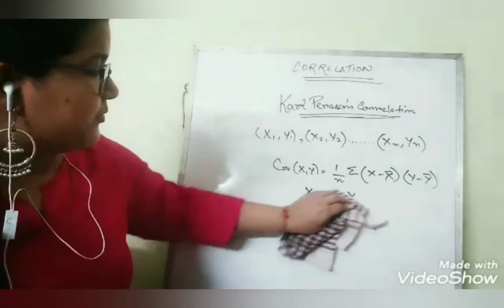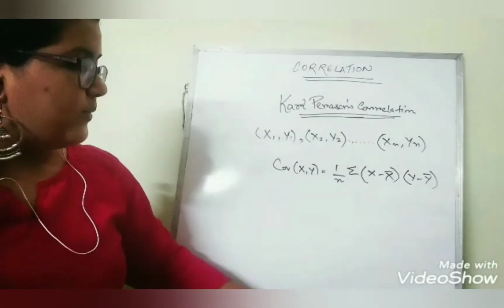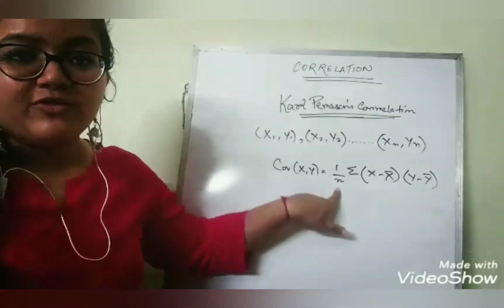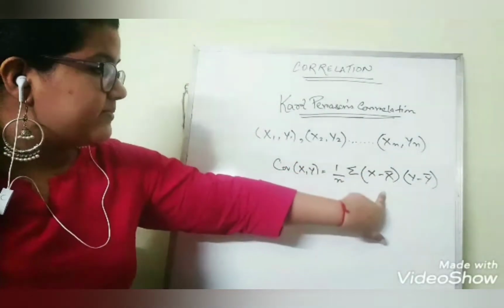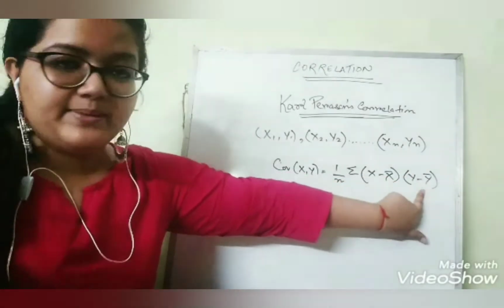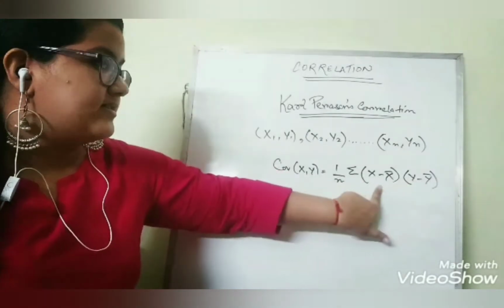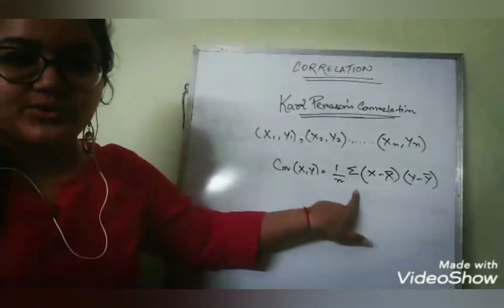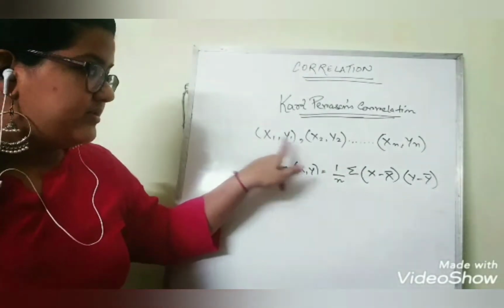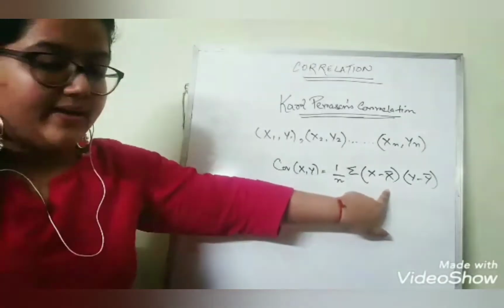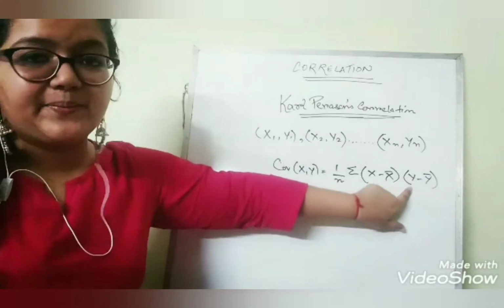Now, what is the formula for covariance of x and y? Covariance of x and y is 1 by n, where n is the number of observations, times the summation of x minus x bar, y minus y bar. Summation symbolizes the total. x bar and y bar are the means of the respective variables x and y.